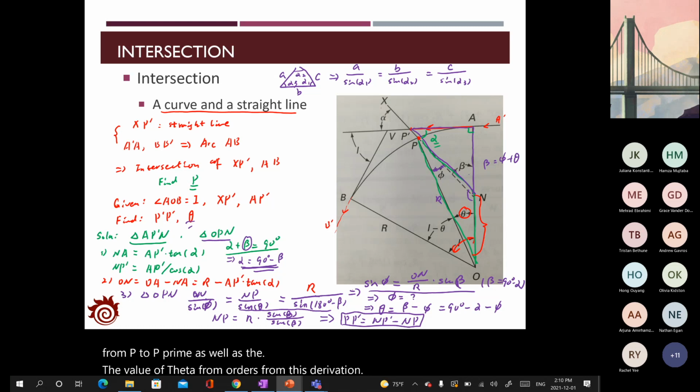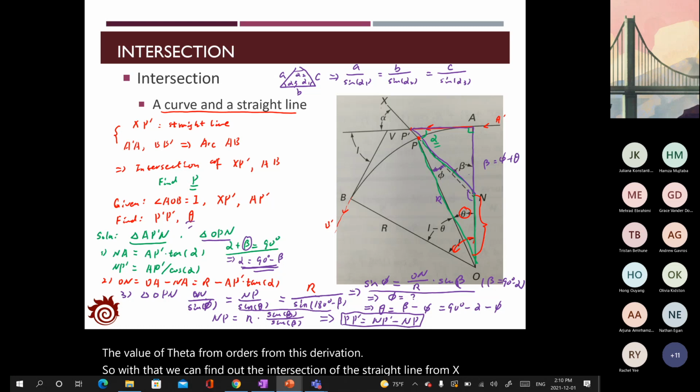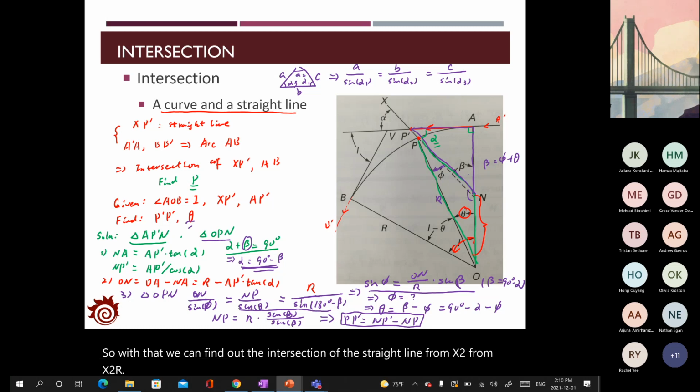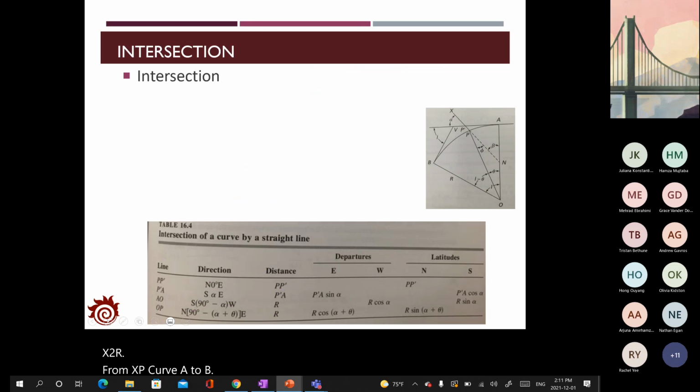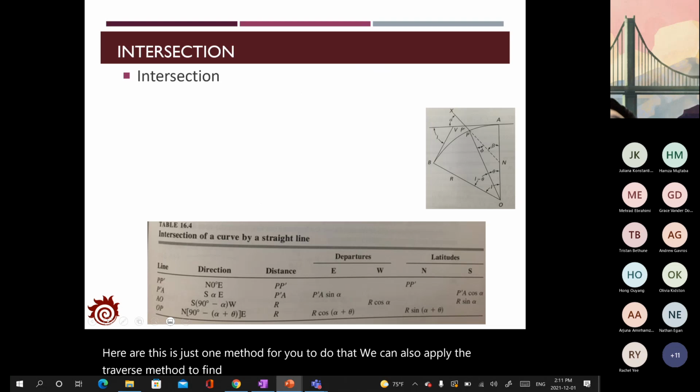So with that, we can find the intersection of the straight line from xp to the curve a to b. This is just one method for you to do that. We can also apply the traverse method to find the distance of P prime to P and also theta.